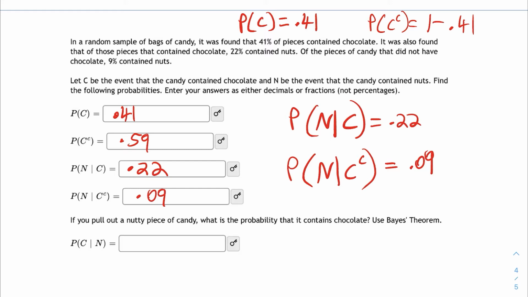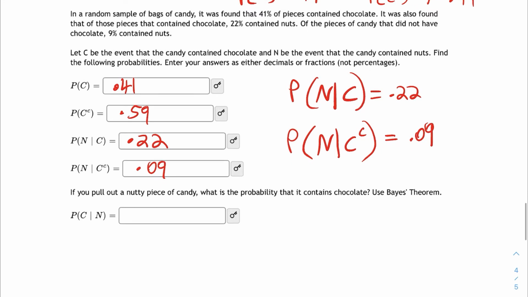Then they ask us for the probability of chocolate given that you contain nuts. Now, the probability of a piece of candy containing chocolate given that it contains nuts is the inverted version of this probability. So anytime they give you one conditional and they ask you for the inverted version of that same conditional, you're probably going to be using Bayes.